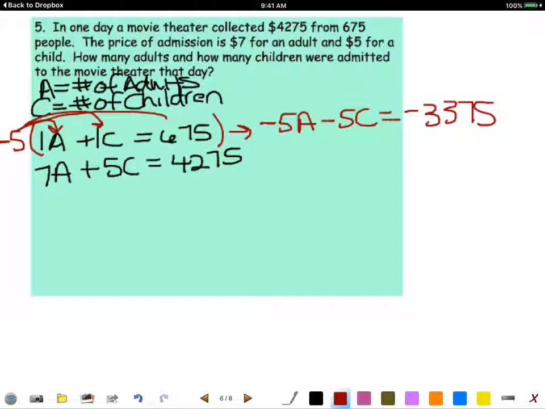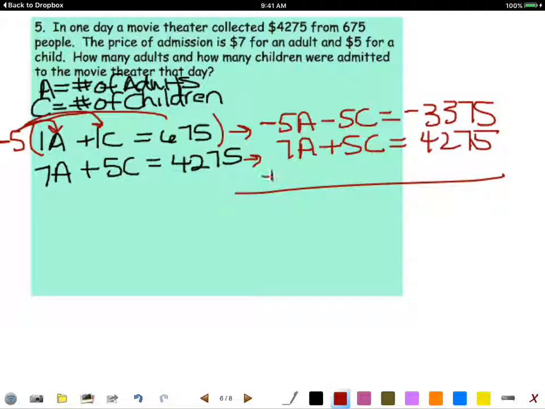Okay, there we go. Now, this one is just going to come straight over. And we're going to add them together. The C's are going to cancel, right? -5A plus 7A is going to be positive 2A equal to?